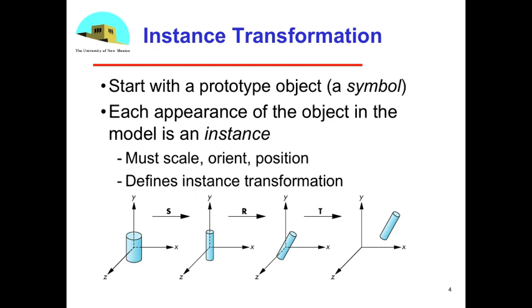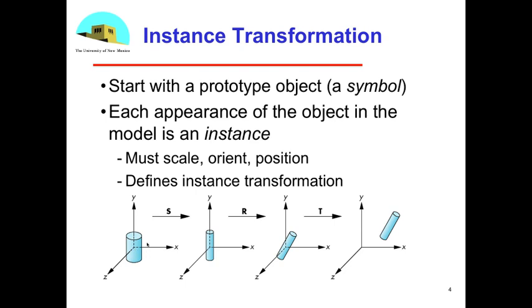So for example, with the cylinder here, we might orient it with the y-axis, and then either have the base resting on the plane y equals 0, or center it, and it might have a unit radius and a unit height, or any other convenient value. For the cube, the obvious choice would be to center it at the origin with sides of length 1 or sides of length 2.